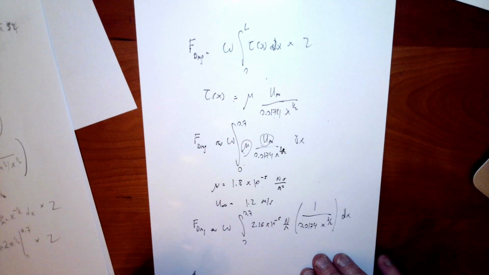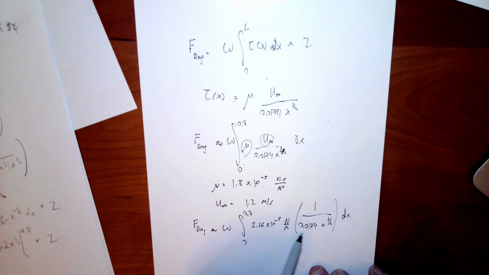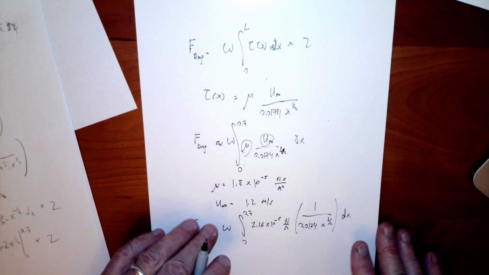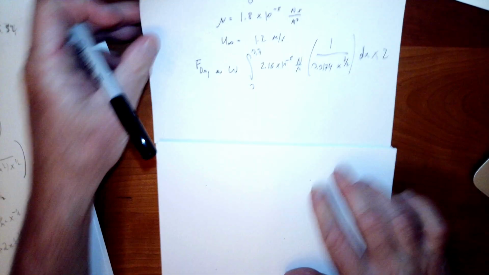All right, so we can crunch these two numbers, this 2.16 times 10 to the minus 5 divided by 0.0174. So you get that the total drag, this is still times 2. Sorry, I keep forgetting the times 2. This is times 2. We got two surfaces.